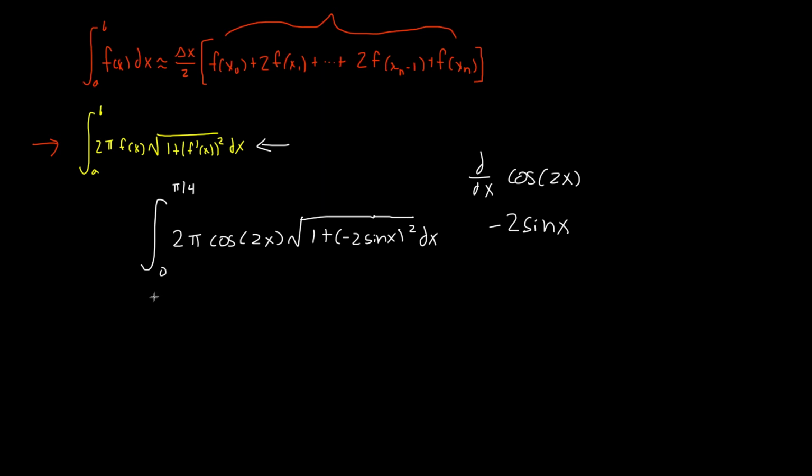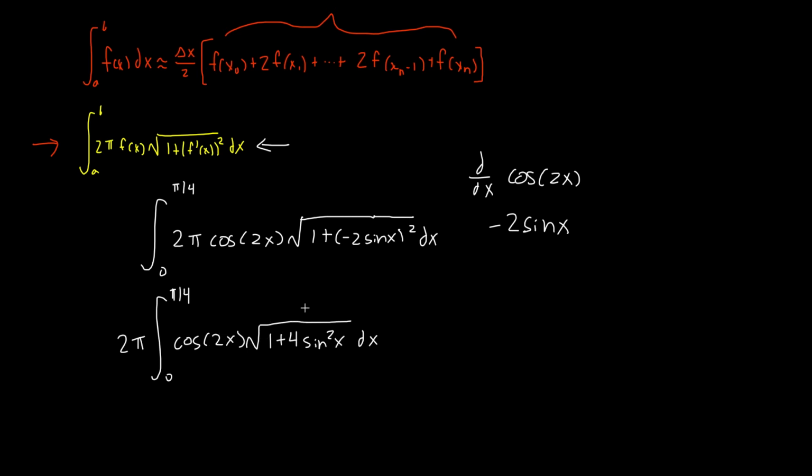So our final expression is going to be the integral from 0 to pi fourths. I'm going to take this 2 pi out since it's a constant coefficient, of cosine 2x times the square root of 1 plus 4 sine squared x. All right, so now we have a real integrand.